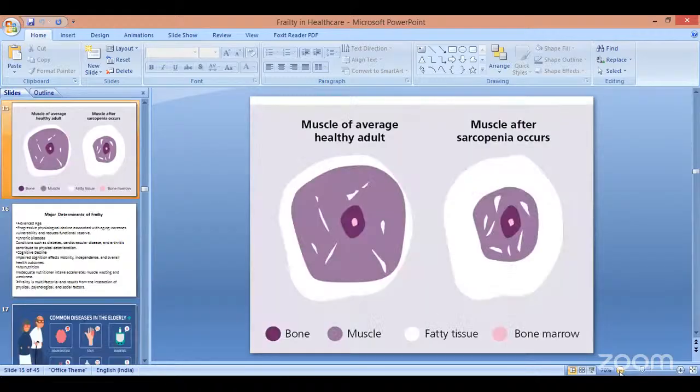Here we can see in the picture the comparison with the healthy person's muscle mass, and here in sarcopenia we can see the bone mass, bone, muscle, fatty tissue, and the bone marrow. In the sarcopenia patient, the fatty tissue size is increased as compared to the muscle mass. Muscle mass is reduced.